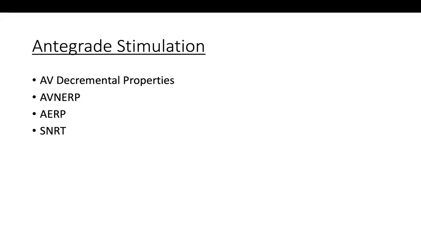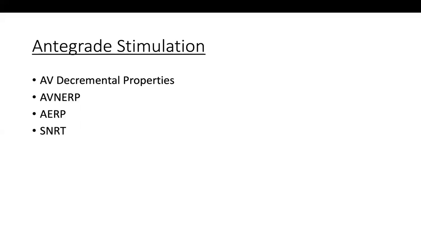Sinus node recovery time is probably not that important, but some people use it to assess sinus node function, in which you pace the sinus node at a certain speed for 1 minute, at 400 milliseconds, 500 milliseconds, or 600 milliseconds, to assess when the SA node is going to recover.